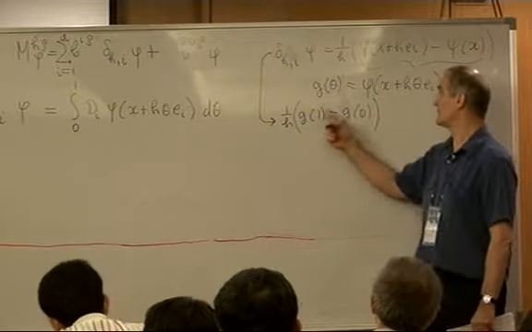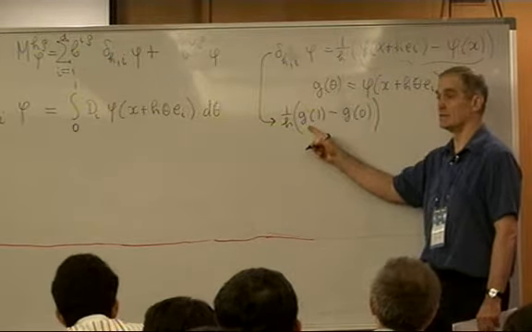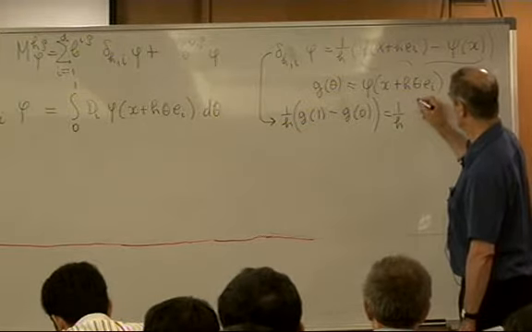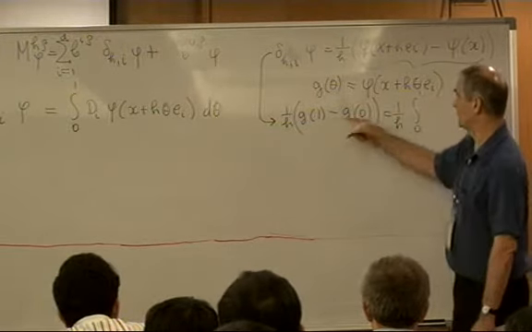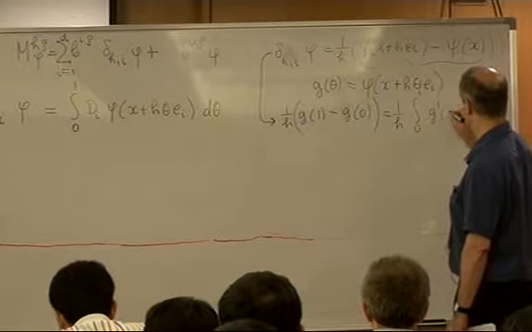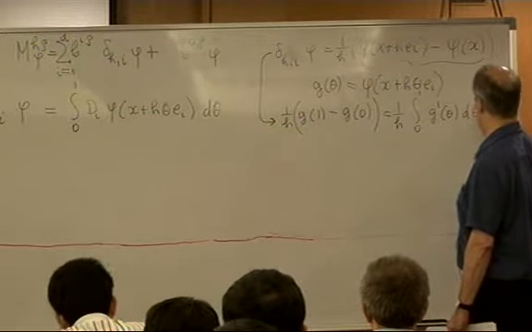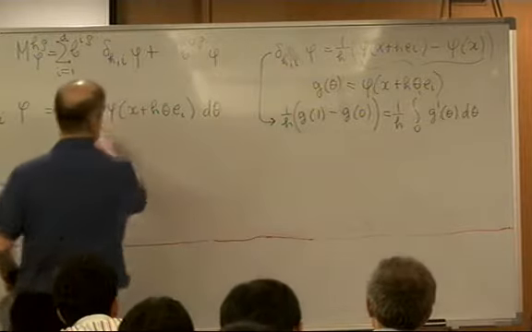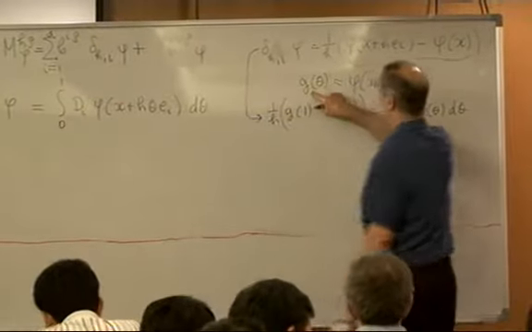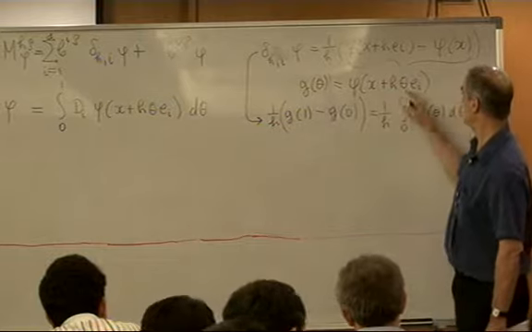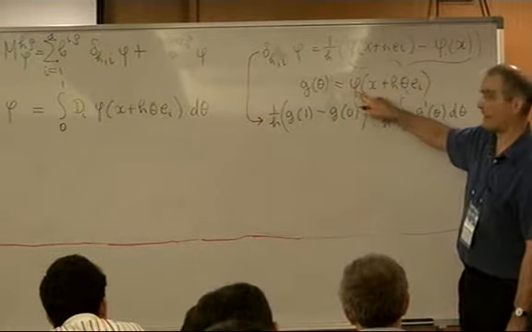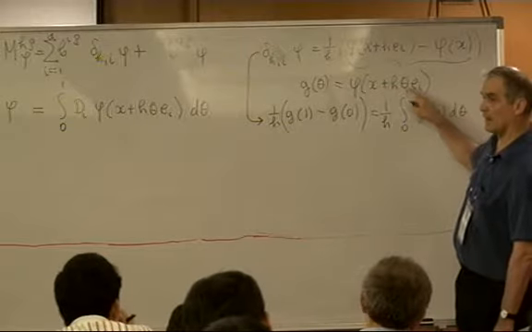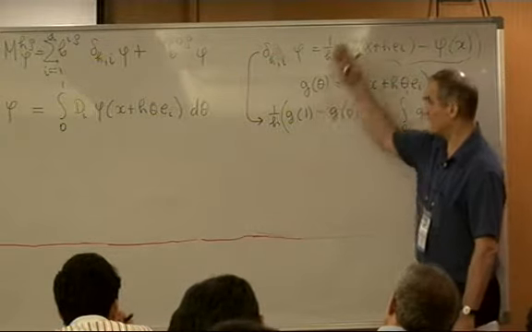So this difference is 1 over h times the integral of the derivative of g in theta, and the derivative of g in theta means the derivative in the direction of e_i times h.